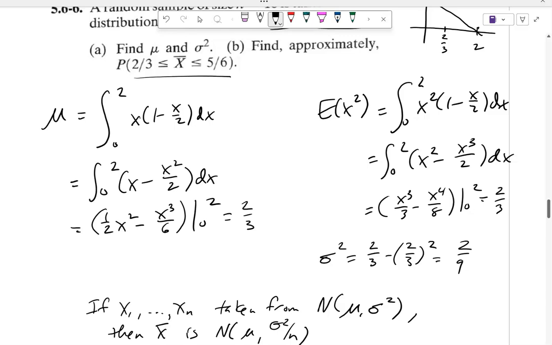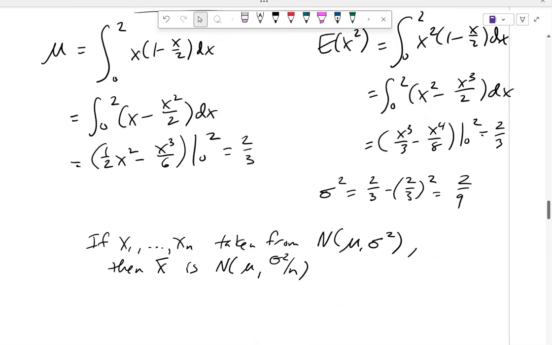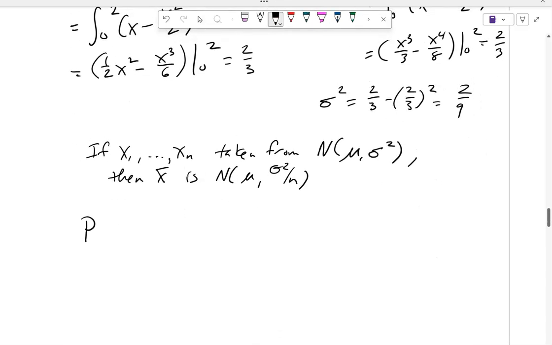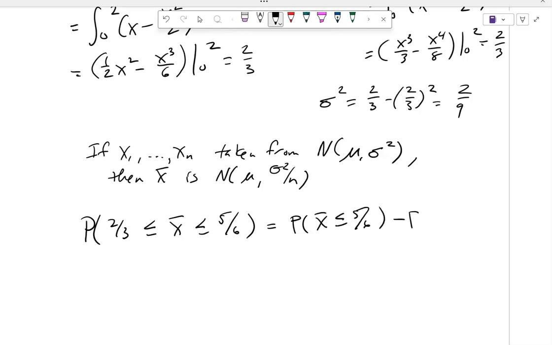So now we want the probability that 2 thirds is less than or equal to x bar is less than or equal to 5/6. We'll split it like we always do, right?